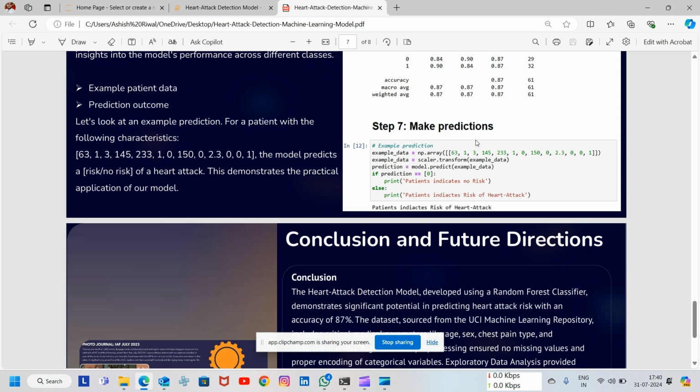Then I have put an if and else statement also, meaning if the prediction comes equal to 0, then the patient indicates no risk, and if the value comes 1, then the patient indicates risk of heart attack. So as we can see, the value is equal to 1, as the output is patient indicates risk of heart attack.